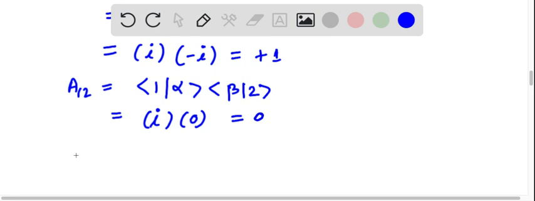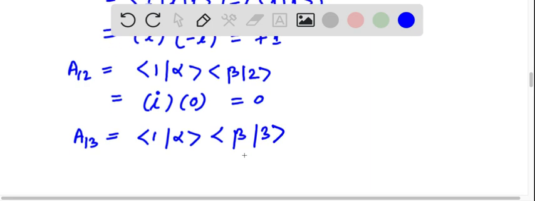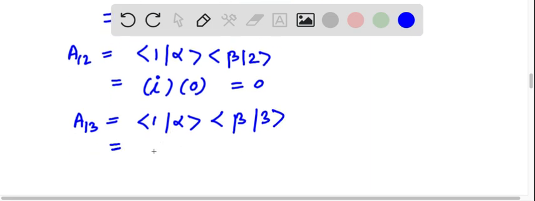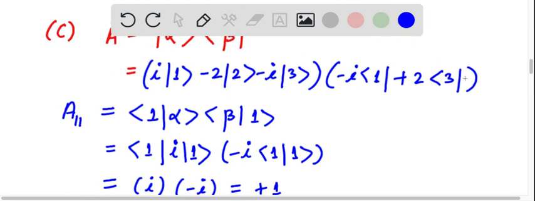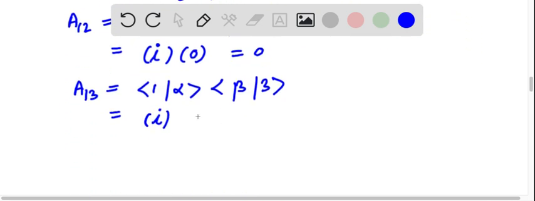Now A13 is equal to ⟨1|alpha⟩⟨beta|3⟩. The value of the first is i, and ⟨beta|3⟩ is 2. So it will be 2i.